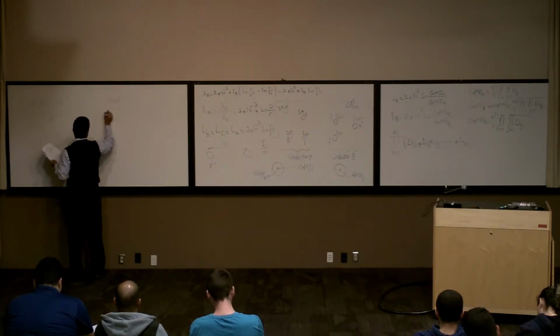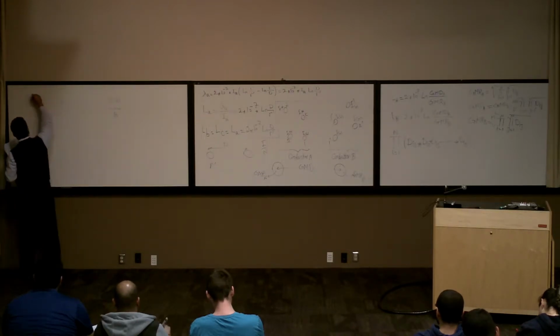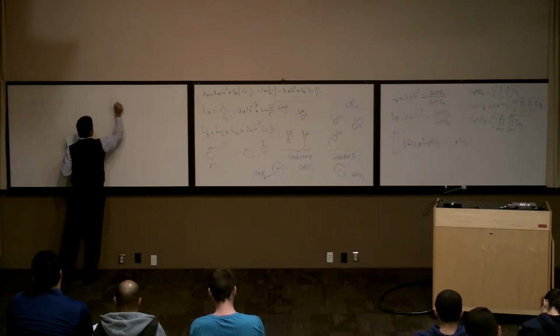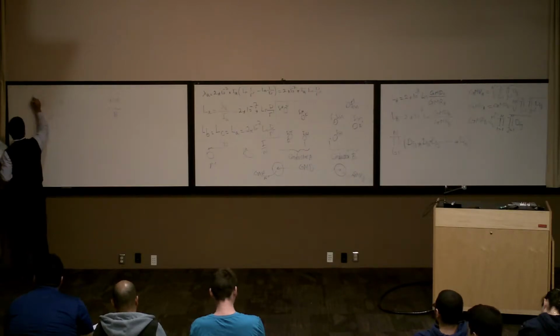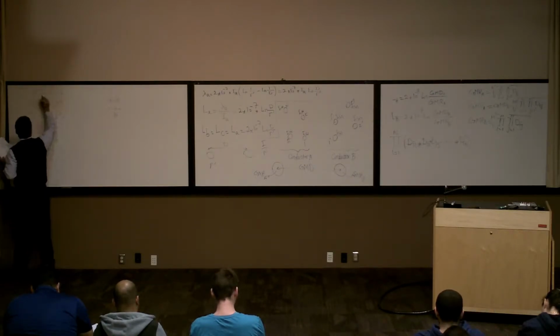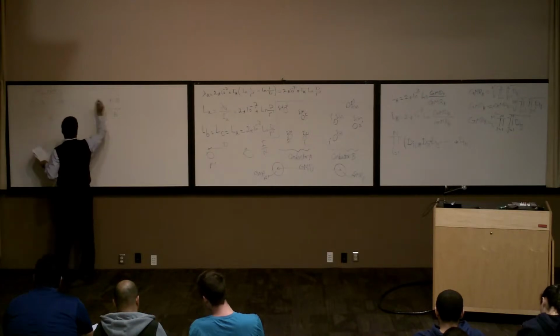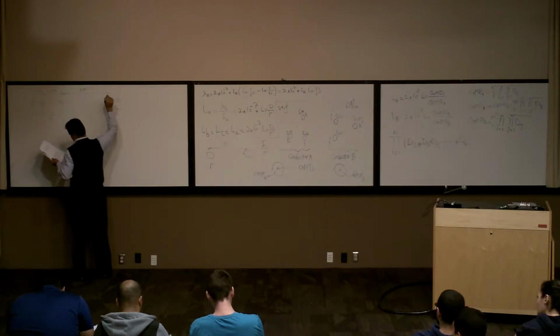This is the conductor B. The distances here: this one is 0.5 meter, this one is 1.5 meter, this one is 2 meter, and this one is 0.3.